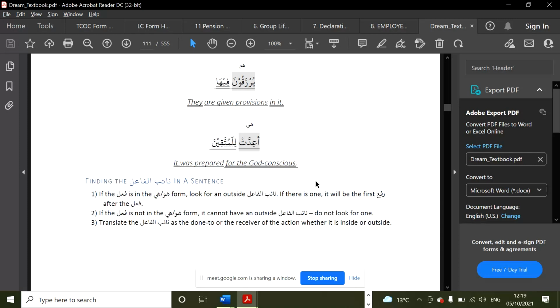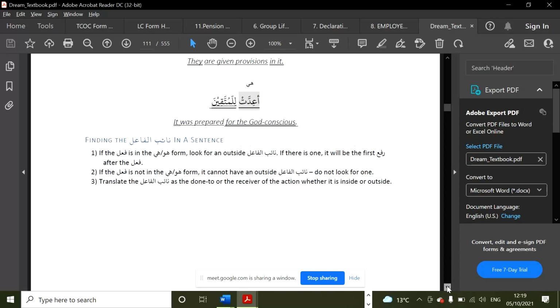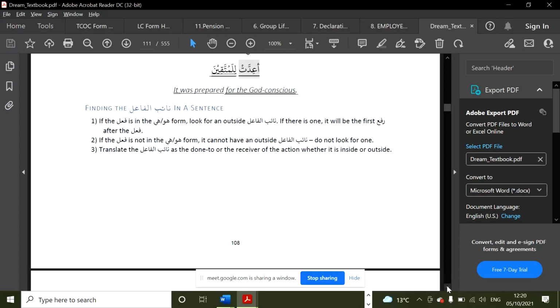Is that clear? And what is it here in terms of grammatical labeling? Lil muttaqin is متعلق بالفعل, mutaliq bil fi'l. Okay, good. Is everybody clear on this one? Yes, Alhamdulillah.